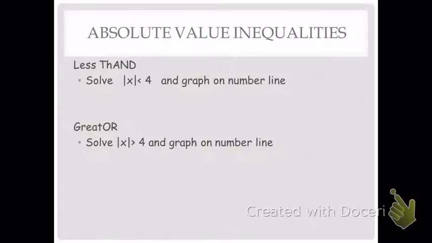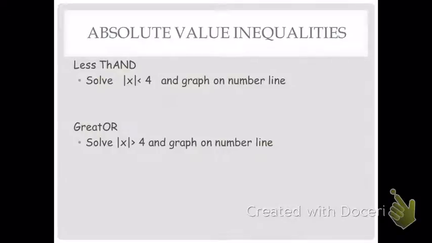Absolute value inequalities. This is where we're going to marry what we did with absolute value equations and what we did with inequalities, and it all shows up in one problem. Remember, absolute value bars are like distance, and we saw previously that it could have two answers.